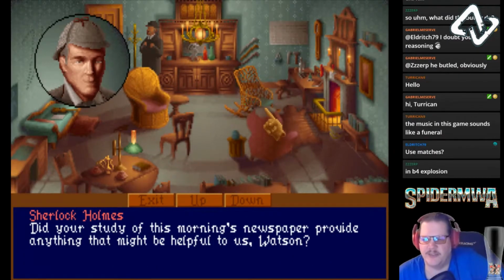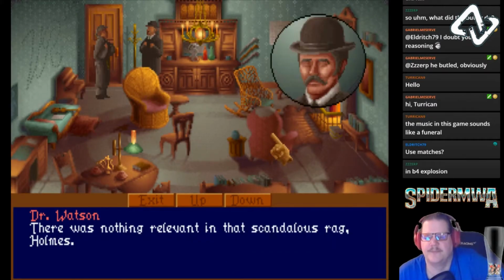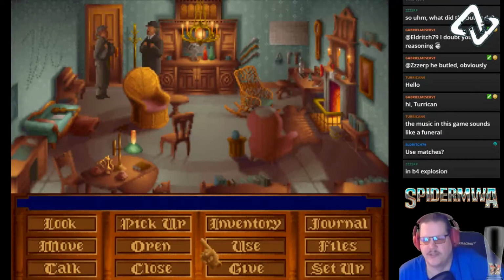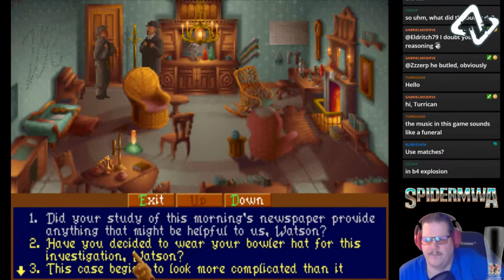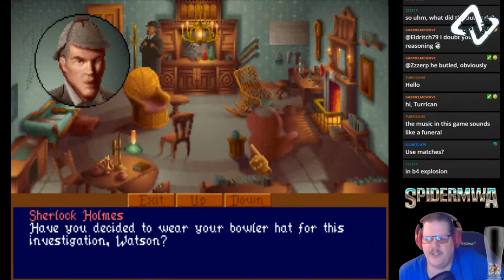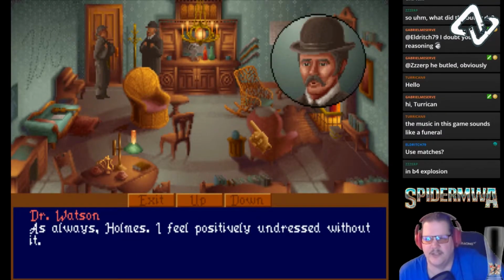Did your study of this morning's newspaper provide anything that might be helpful to us, Watson? There was nothing relevant in the scandalous rag, Holmes. Have you decided to wear your bowler hat for this investigation, Watson? As always, Holmes.